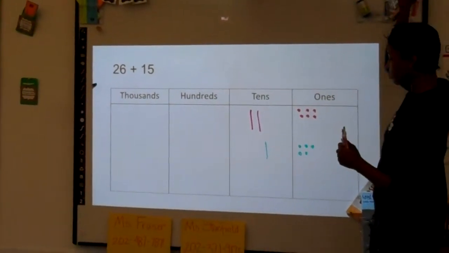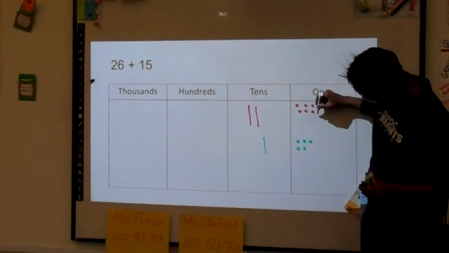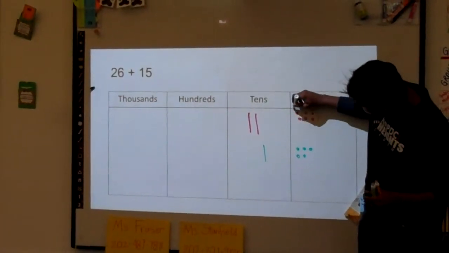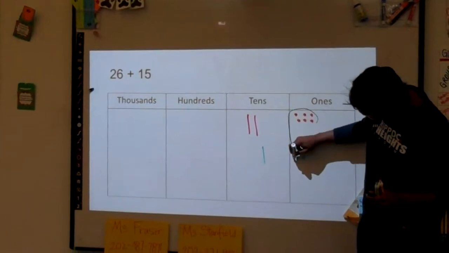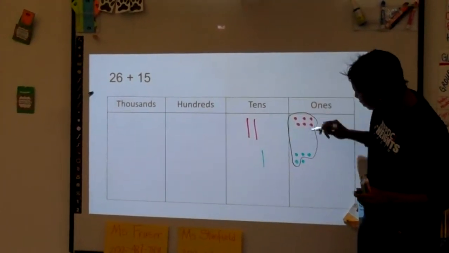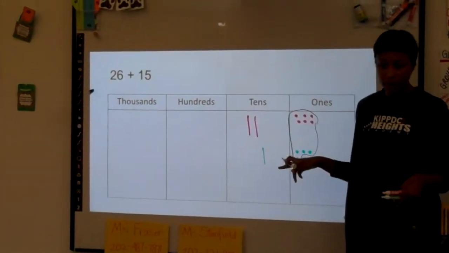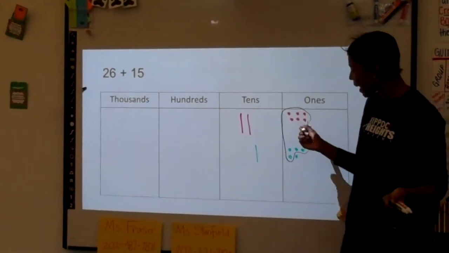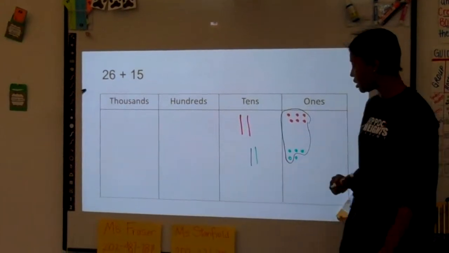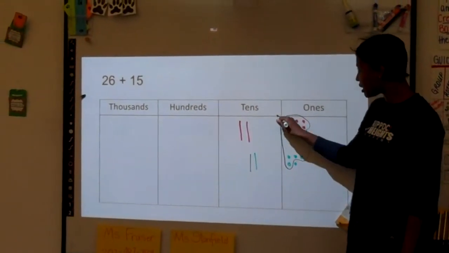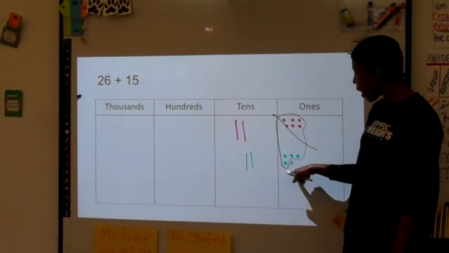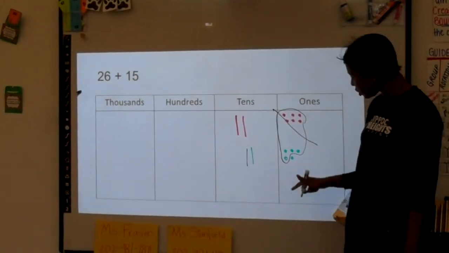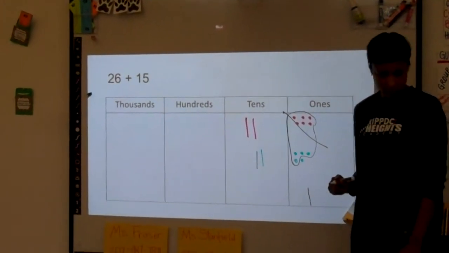So what I would do is group 10 ones, and I can move that group to my 10s column. I can draw that 10 by adding 1 extra 10 to this 10s column. Now these 10 ones are gone, I only have 1 one left over. I'm going to write that 1 right here.